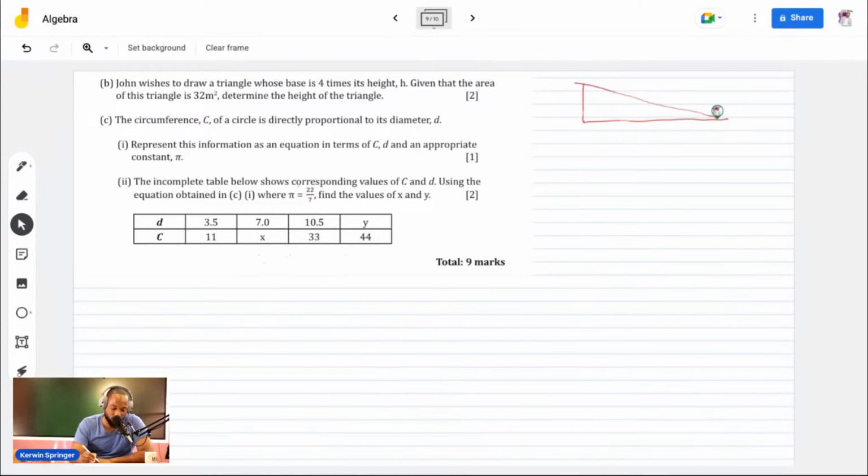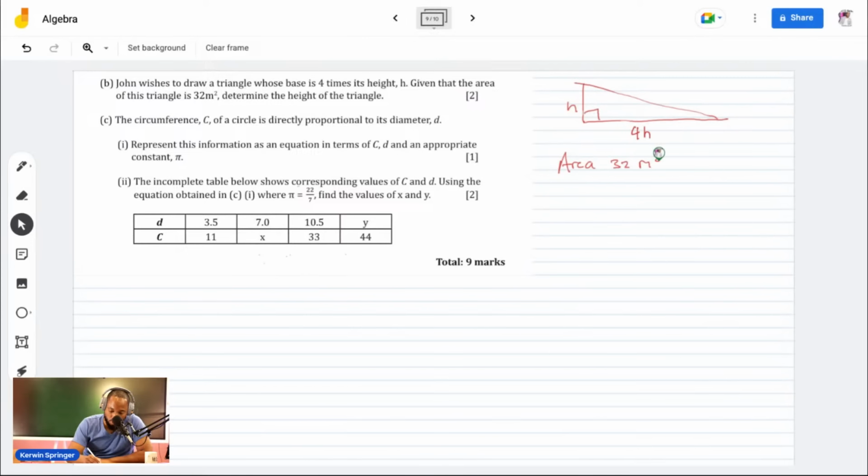The base is 4 times the height. So let me say this is the height. I could write base here, but it's better for me to write 4h here. So the triangle is h high and 4h base, and the area is 32.